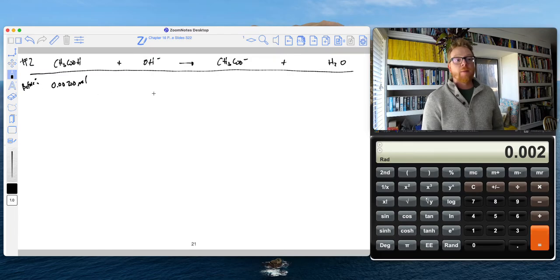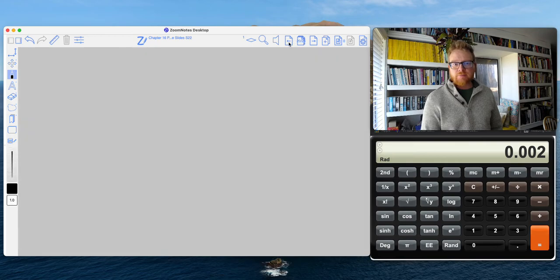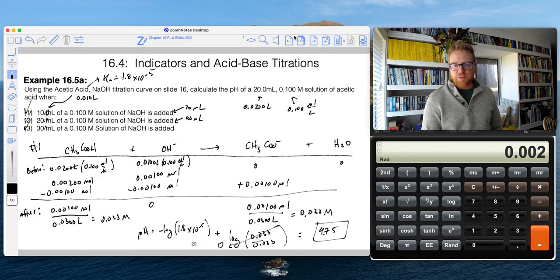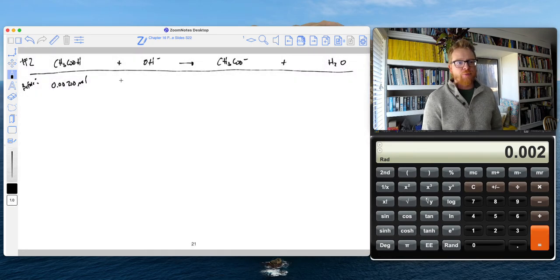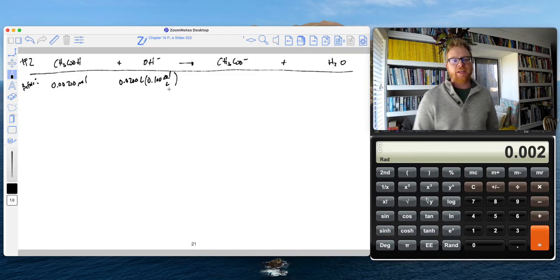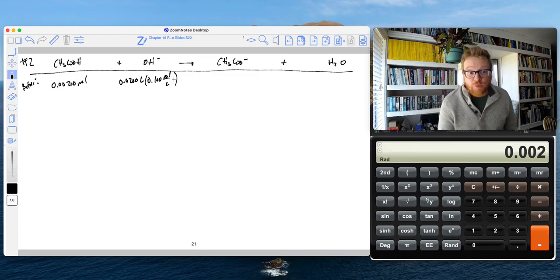But now my hydroxide, so it was 20 milliliters of a 0.1 molar, and we'll go through and calculate that just to make sure. So we remember 20 milliliters is 0.02 liters, and that was 0.100 mole per liter.